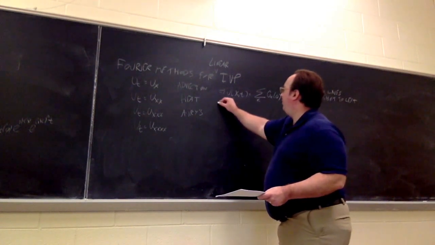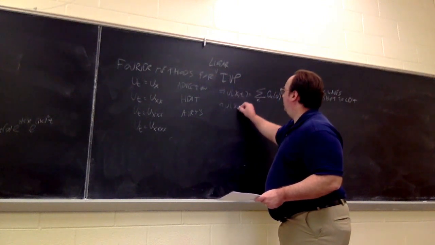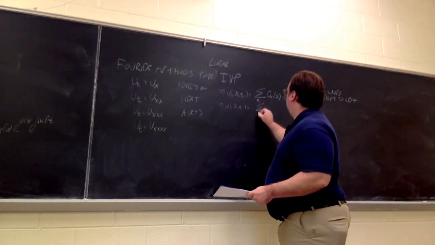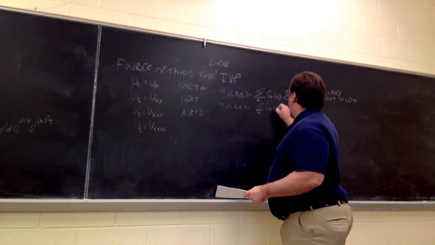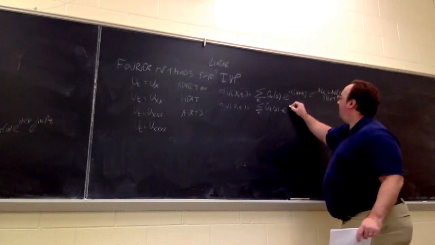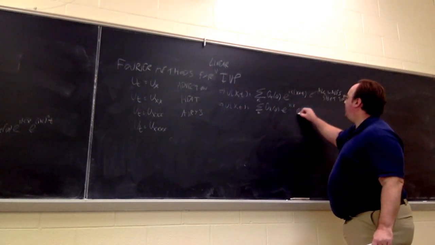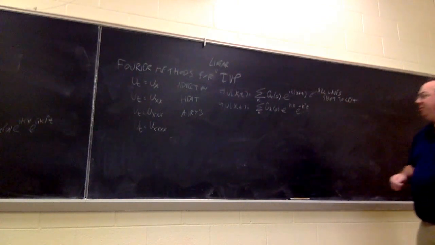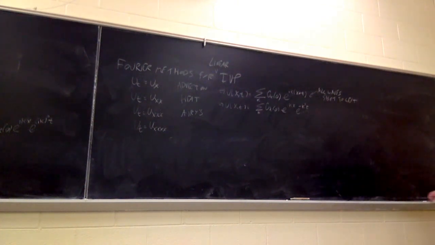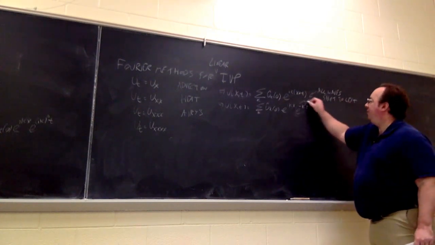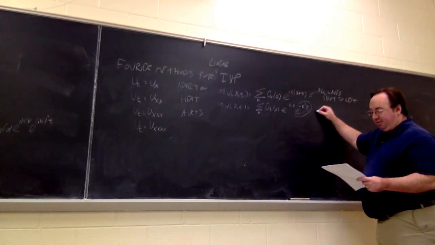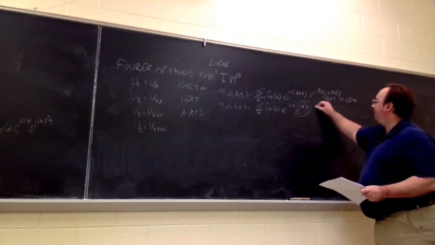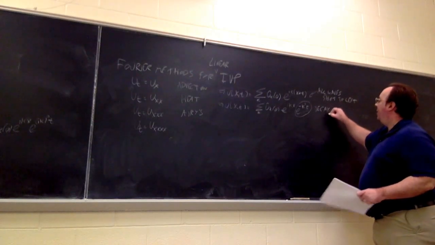What about n equals 2? We have e to the ikx, and then we have e to the minus k squared t, because i squared is equal to minus 1. So what happens is we get exponential decay.